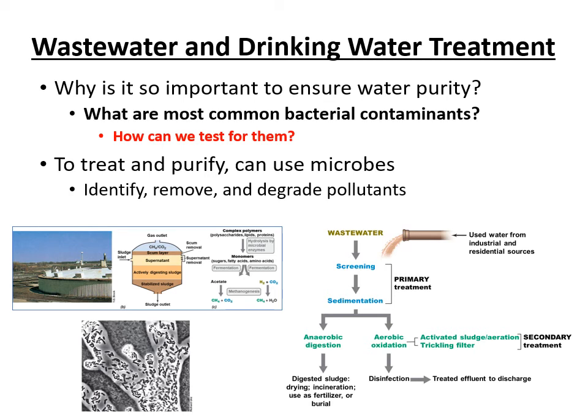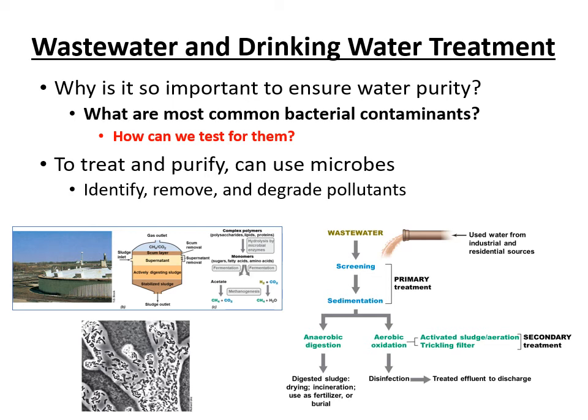Now, a lot of times you may think, oh, my water's safe to drink because we have all these wastewater treatments and drinking water treatments. But there are still a lot of countries, especially third world countries, where these treatments are not that advanced and they have problems.